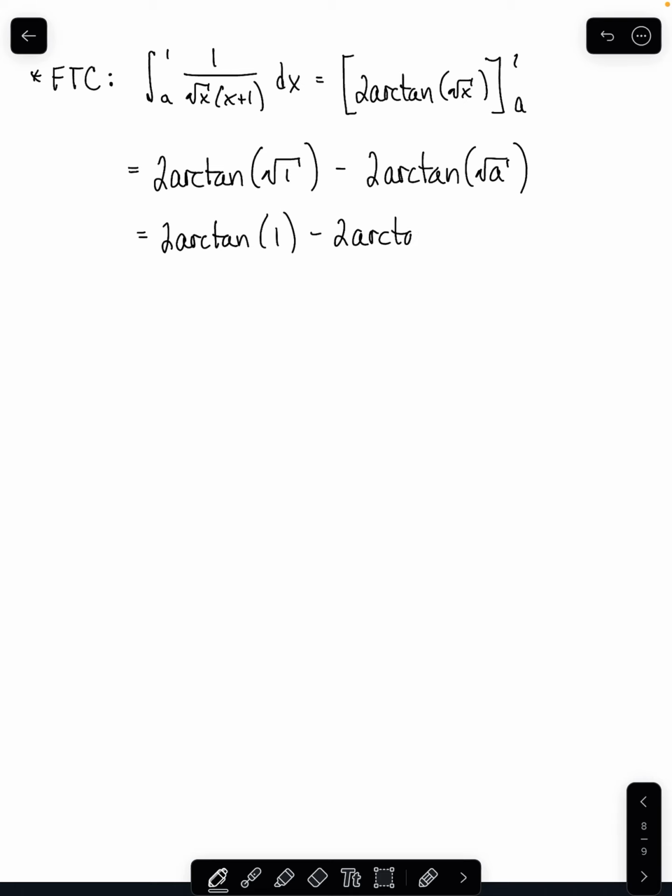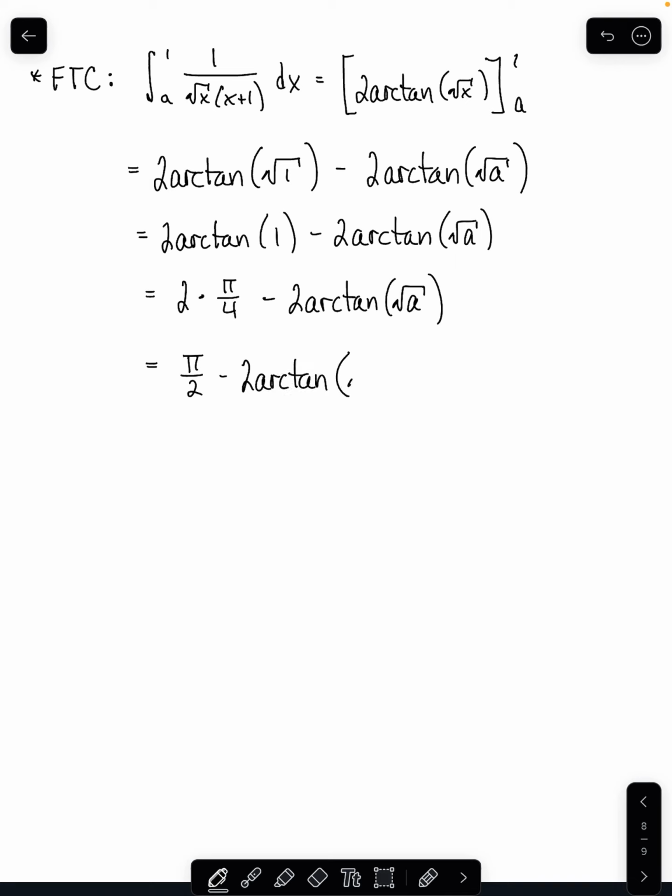And the arctangent of 1 is pi over 4. So that when all is said and done, the first integral can be written as pi over 2 minus 2 times the arctangent of the square root of a.